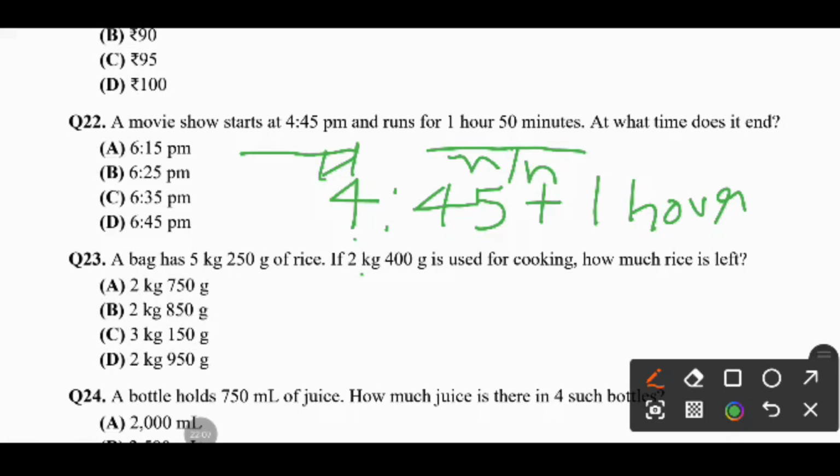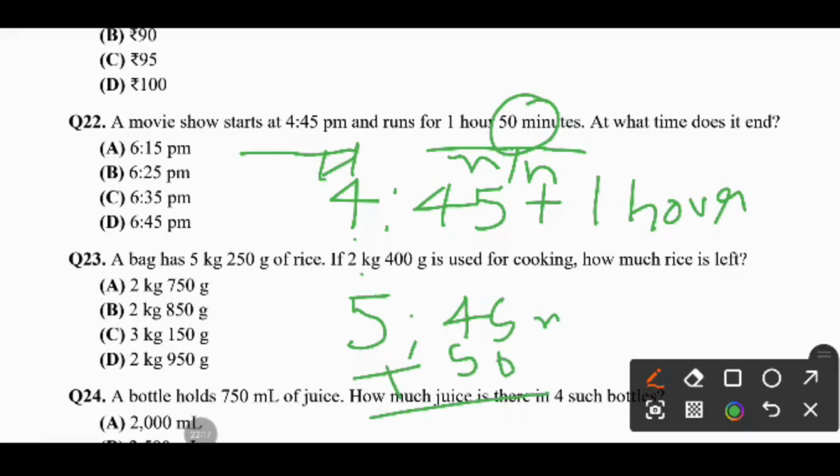So this becomes 5 hours 45 minutes, and we are left with the 50 minutes. Adding 45 and 50 gives 95, which is too many minutes, so we carry over. How much is extra? 10.